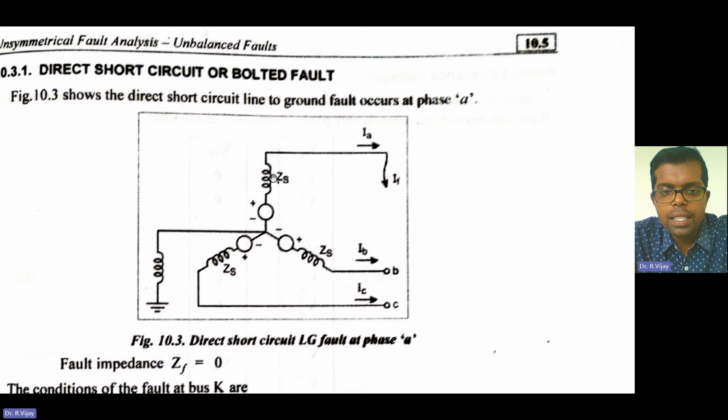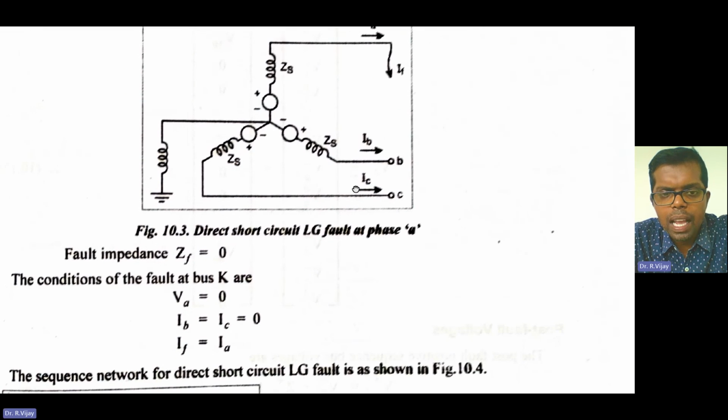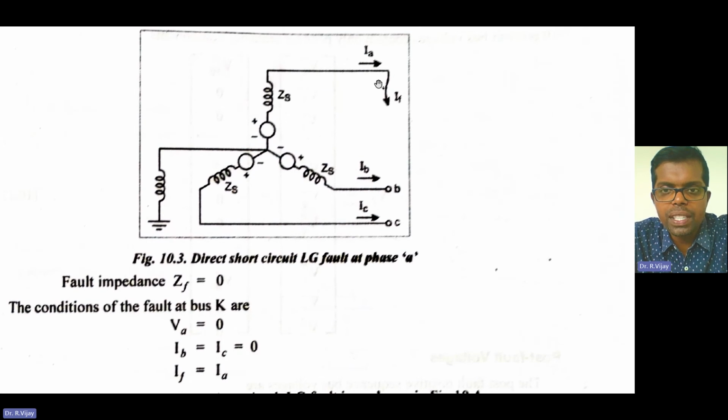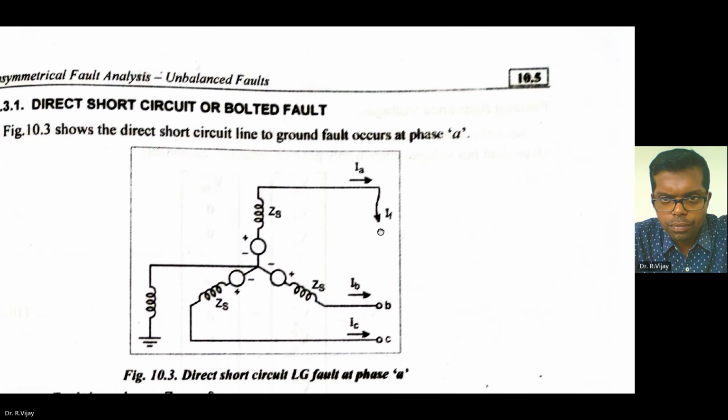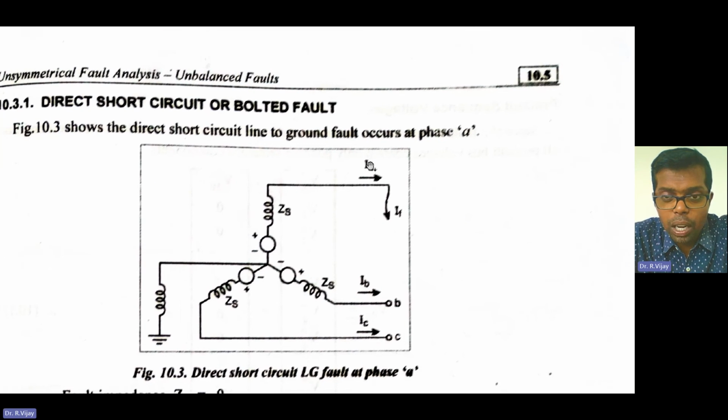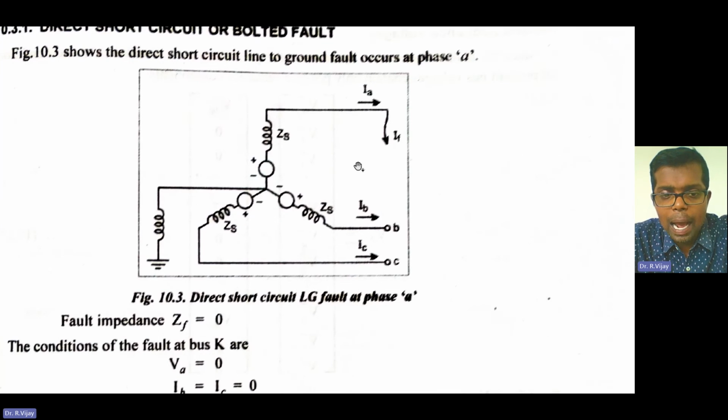All three phases have the sequence impedance ZS, with current IA in phase A, current IB in phase B, and current IC in phase C. This is the direct short circuit line to ground fault at phase A. Now the fault impedance ZF is equal to 0, because the fault current flows only in this particular phase.